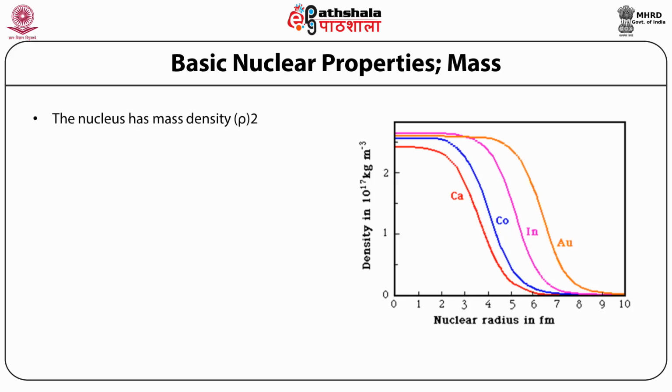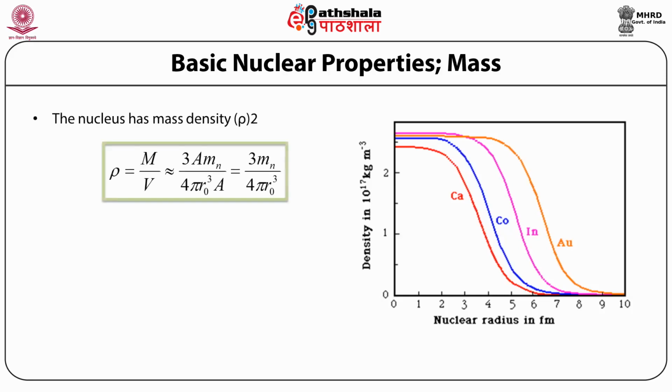The nucleus has a mass density rho. So mass density rho is equal to m by V. When we solve this, if the mass number of the nucleus is A, then m is A times mn, because protons and neutrons are almost equivalent in mass, and V can be represented as 4 by 3 pi r cube, because the nucleus is spherical.